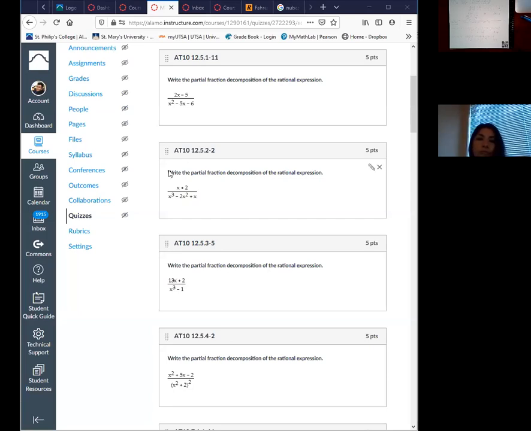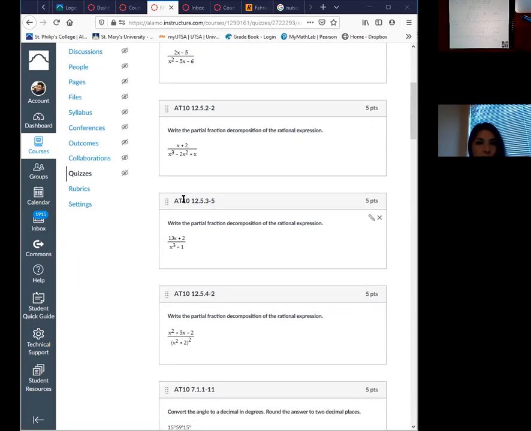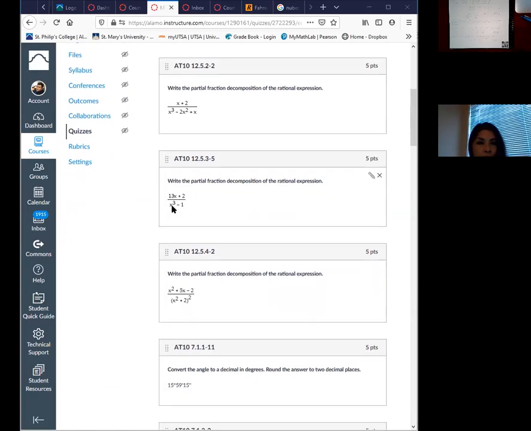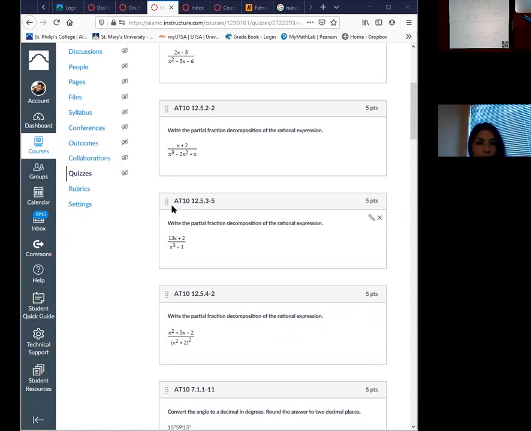So the first one's the one we just did. The next one is the same kind of deal, except I believe one of them will be irreducible. Let's see here. The first 2 are easier. Let's do the harder one, the third one, so we can try to get more done today, because there are like 20 questions.